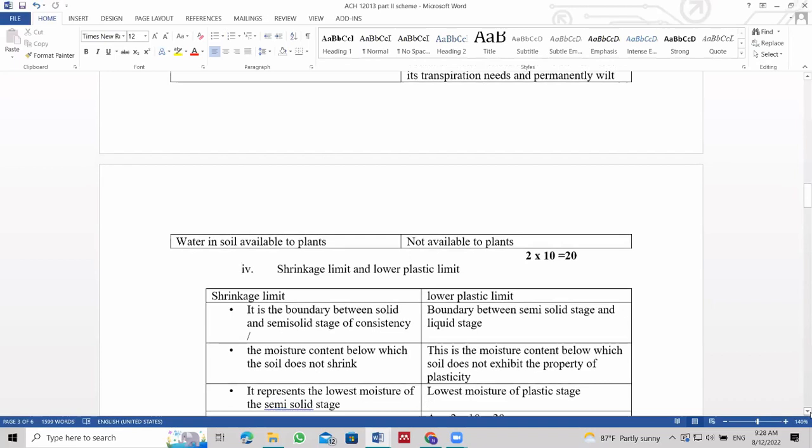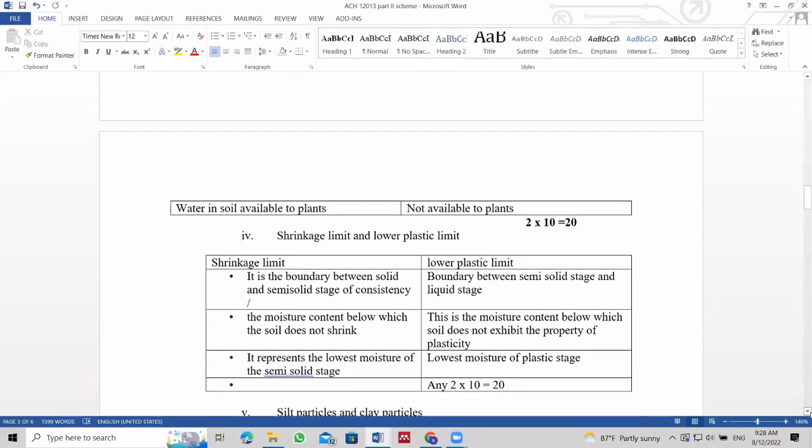Then the next one is shrinkage limit and lower plastic limit. So what is shrinkage limit? It is the boundary between solid and semi-solid stage of consistency, whereas lower plastic limit is the boundary between semi-solid stage and liquid stage. So that is the definition. If you write the definition itself, you'll get 10 marks.